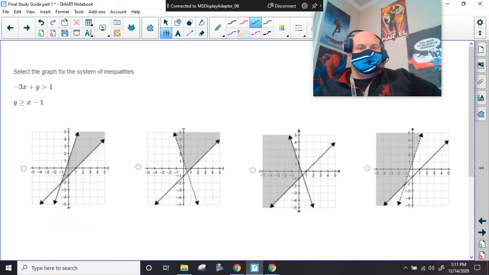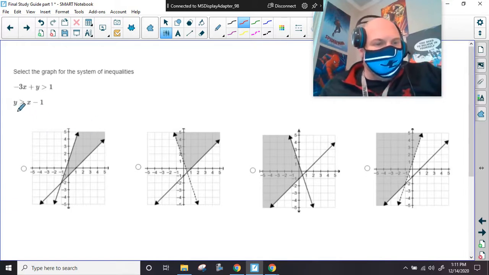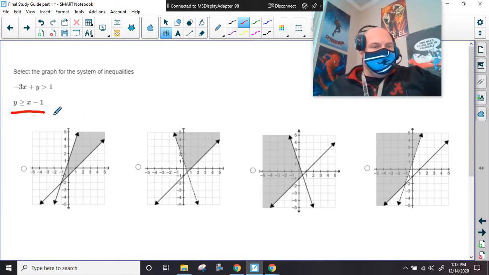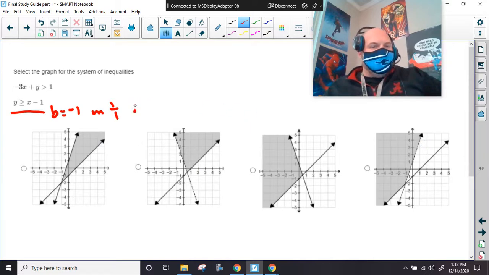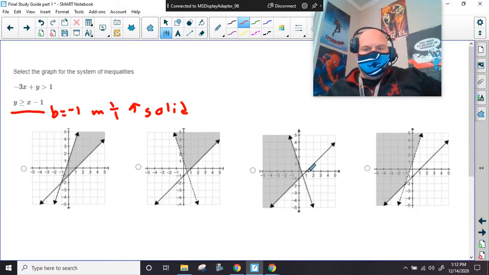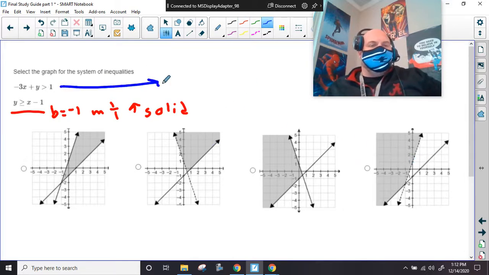All right. So I'm going to look at this one. This has a b of negative 1, so all these at least have that. It has a slope of 1. They all do. It's shaded above and solid. So shaded above, solid. So that's all of those. So let's look at this.